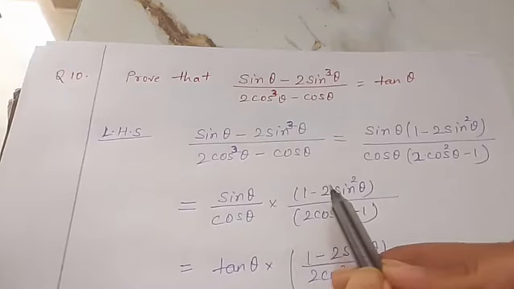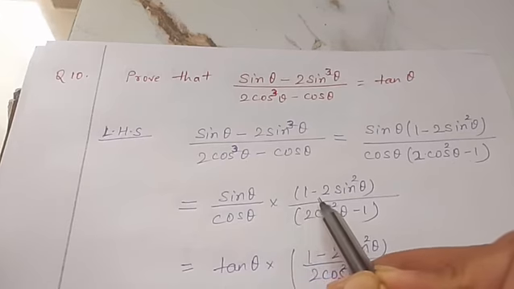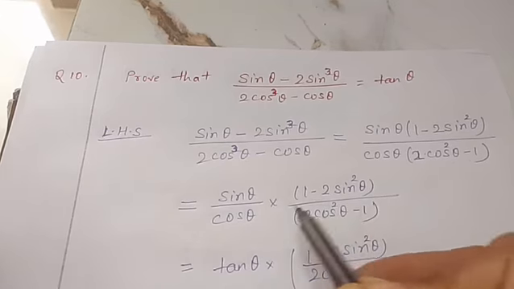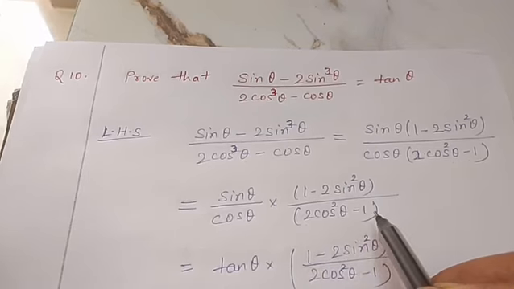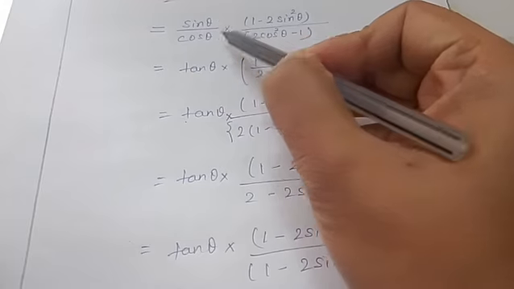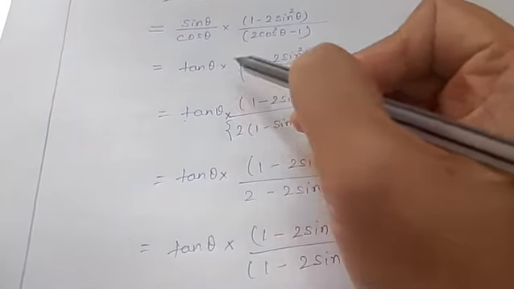Write the LHS as sin theta upon cos theta into (1 minus 2 sin square theta) upon (2 cos square theta minus 1). Now sin theta upon cos theta becomes tan theta.